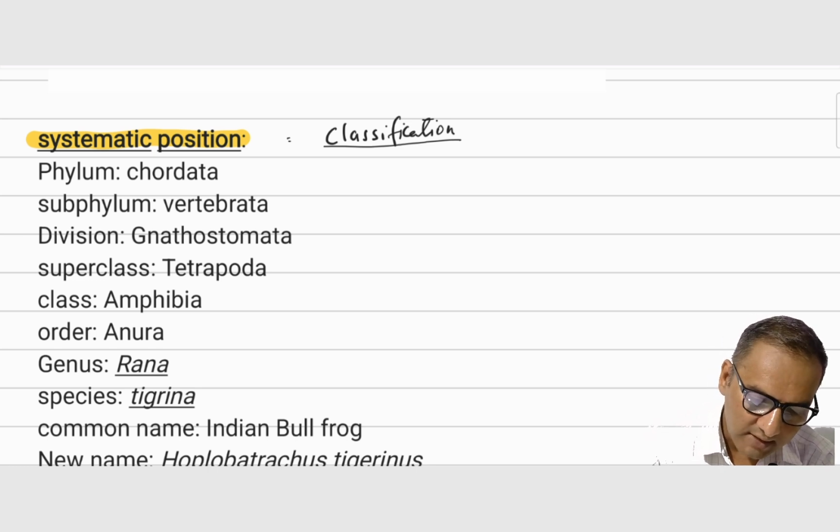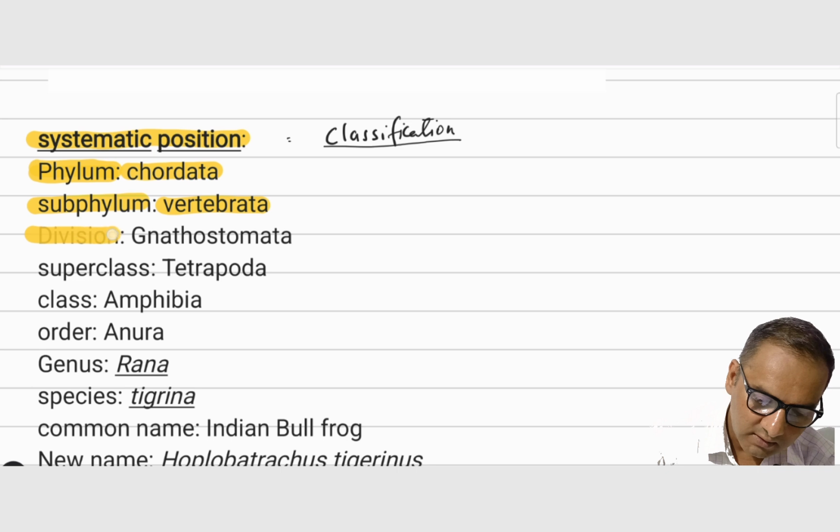Now in classification we begin from phylum. It is not necessary for us to write the kingdom. You all know that frog belongs to kingdom Animalia and the phylum is Chordata. The subphylum is Vertebrata. The division is Gnathostomata, and superclass is Tetrapoda.